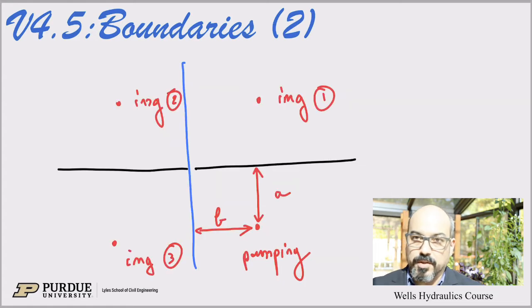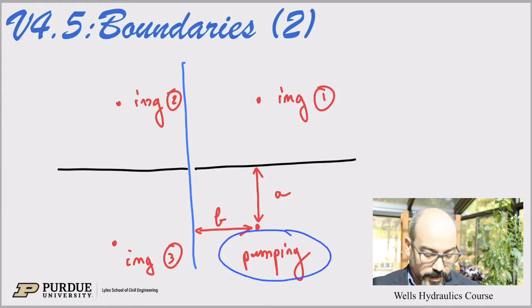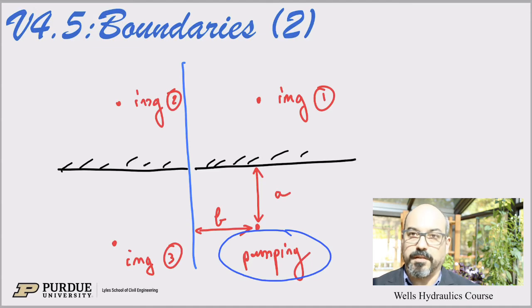So this is an even more schematic sketch of the system, where we have our pumping well here at the bottom, which is a distance A from the mountain range. Remember that this is the no-flux boundary here. So we're distance A from the mountain range, a distance B from that river, from that constant head boundary, and now we need to account for them.